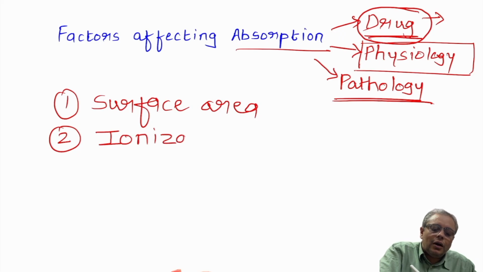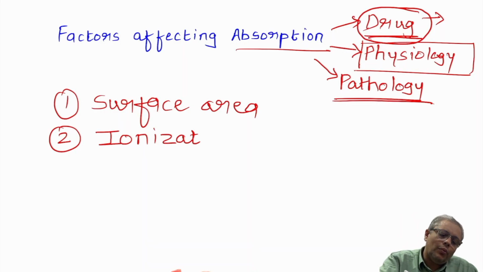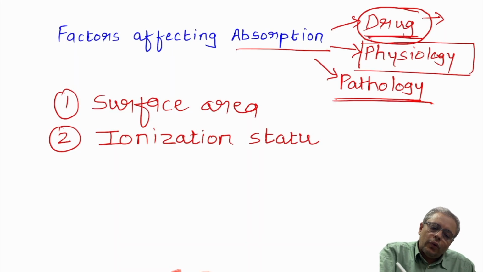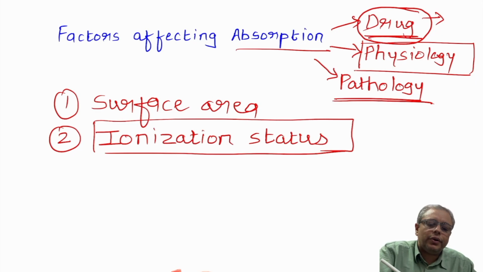This factor is related to both, because ultimately the ionization status depends on the parameters related to the drug and also on the medium in which the drug is present. So first we start with the second one, the ionization status of the drug.